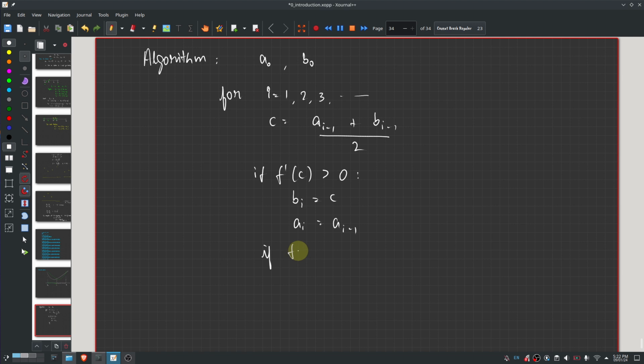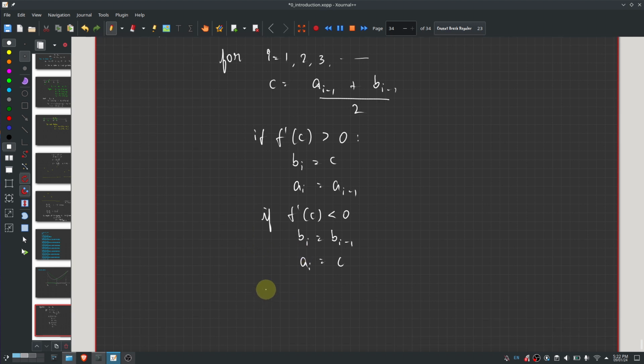If f prime of C is less than 0, then what is B_i? B_i equals B_{i-1} and A_i equals C. Else you just stop and output C.